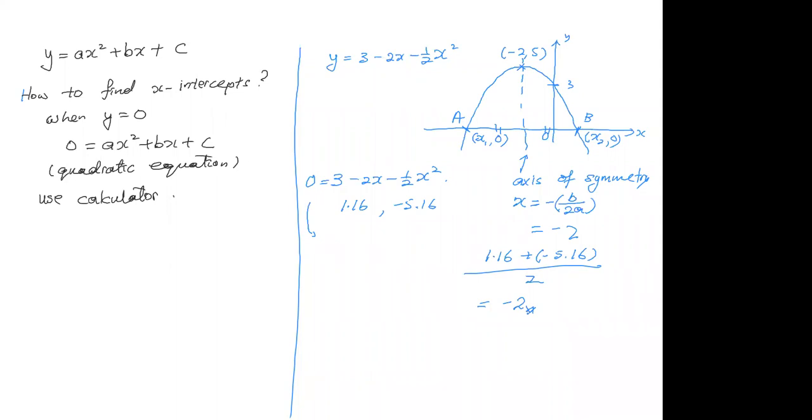The whole equation I times by 2. I have x squared plus 4x minus 6 equal to 0. Can you factorize it? You can't factorize, correct?